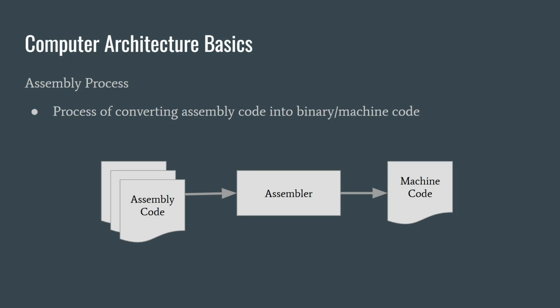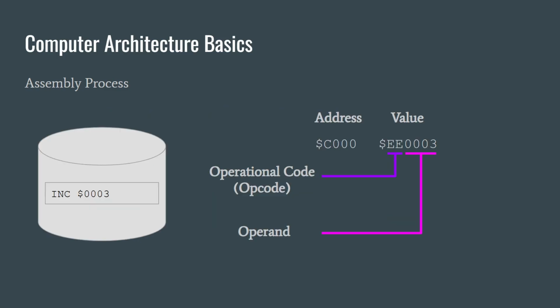And very briefly, we'll look at what this looks like. This will become more important specifically if you're doing something like ROM hacking, where you need to understand the actual machine code. You're looking at the binary data of the output of the assembler.